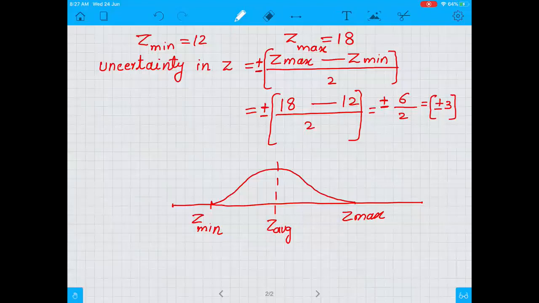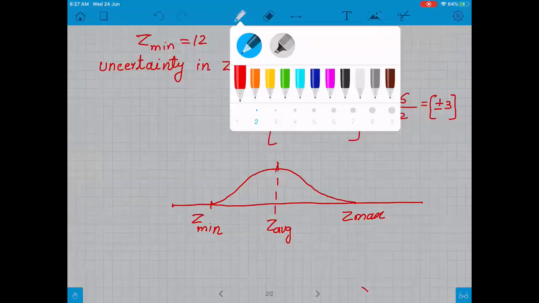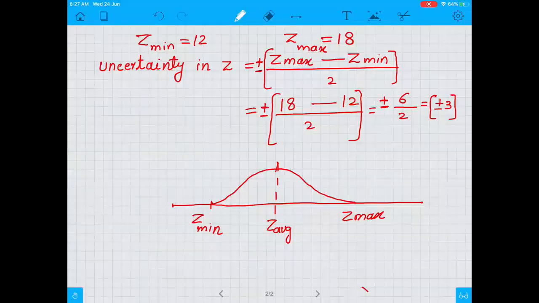If we mark uncertainty on this drawing, this is delta Z, and delta Z is the uncertainty.